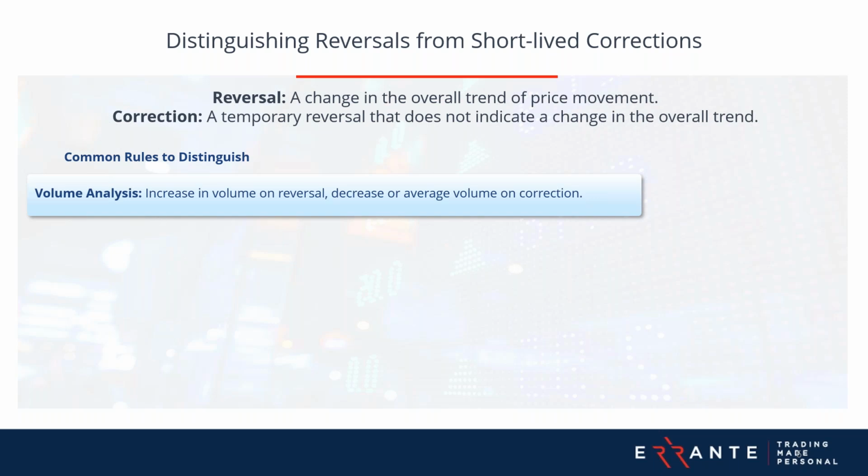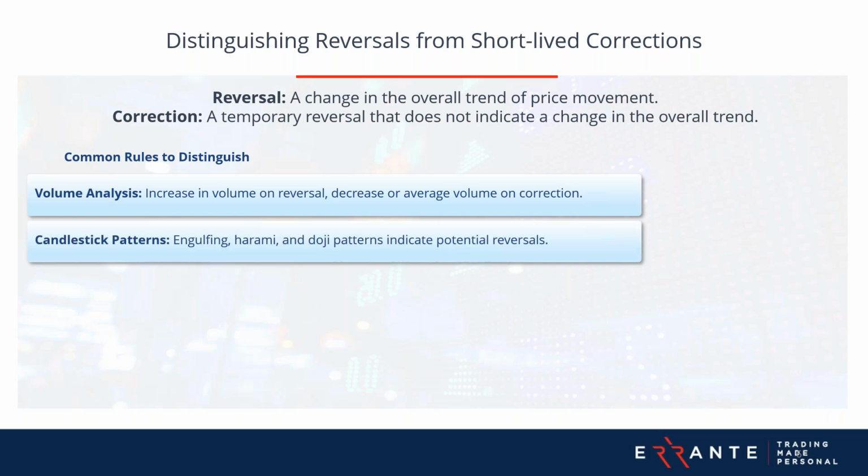And in contrast, corrections typically occur with less dramatic changes in volume, suggesting a temporary pause rather than a change in trend. So this is the first clue that we can extract from the market to gain a better understanding of what's going on, if it's a correction or it's going to be a real major reversal, let's say.